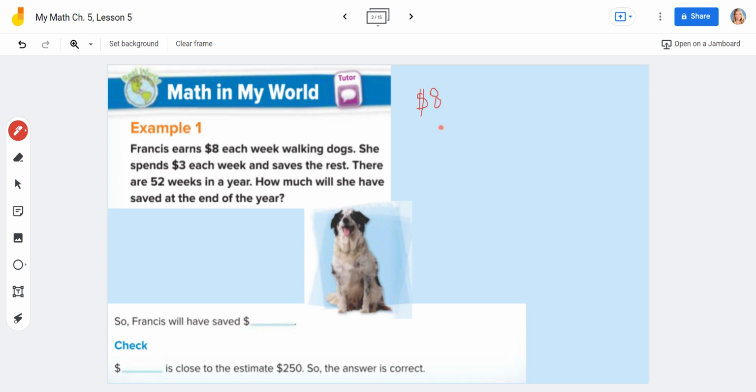Remember, equations must have an equal sign. Equations are number sentences. That means that they're written from left to right. She spends $3 each week. So each week, even though she gets $8, she's going to lose $3 of that. And then she's going to save the rest.